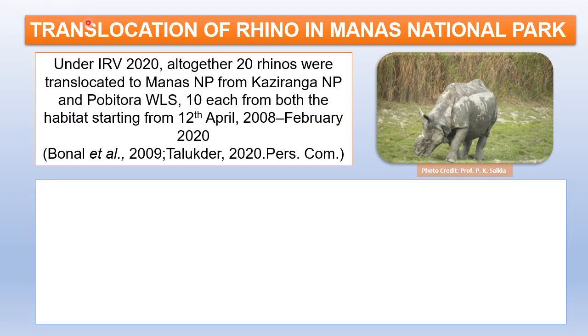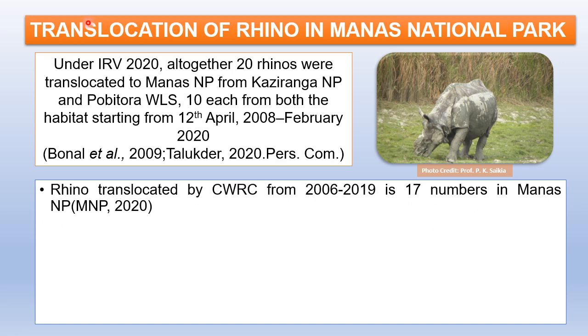The first program I would like to mention is the translocation of rhino in Manas National Park. During the 1990s, rhino was extinct from Manas. For the conservation of the globally known one-horned rhinoceros in Assam, the Government of Assam constituted a task force for translocation of rhino within Assam, called the Rhino Task Force, in 2005.